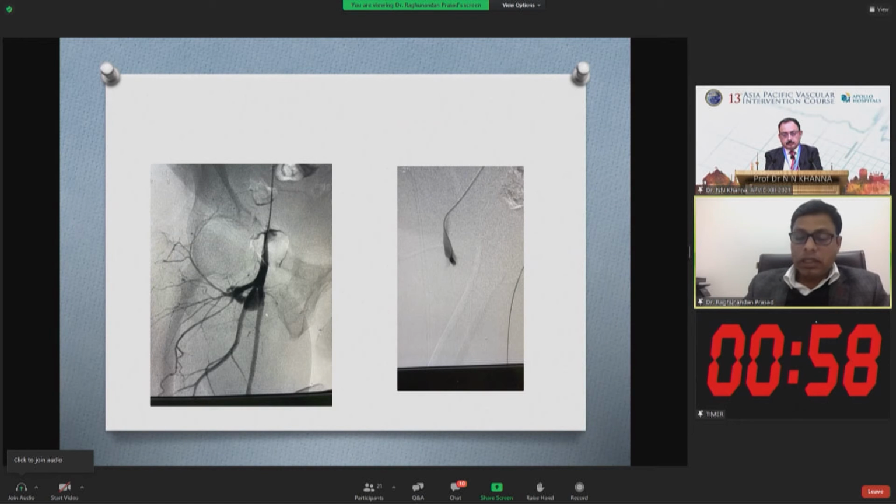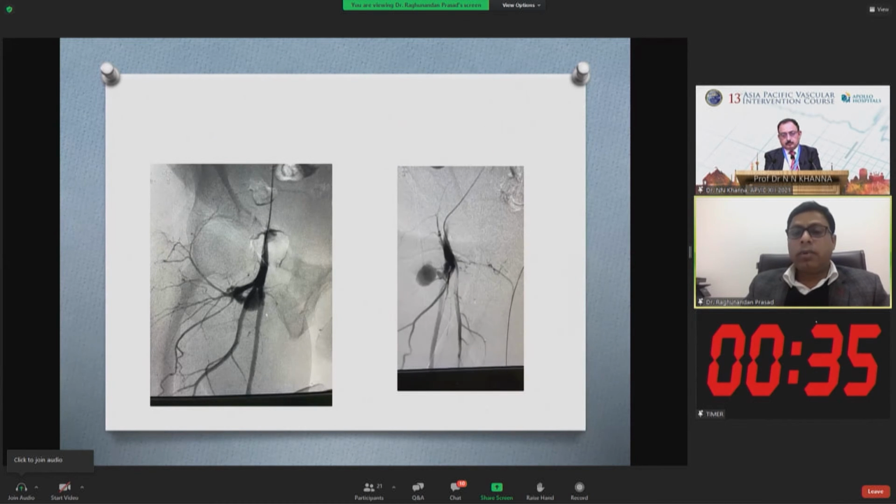So in our hospital, access was secured into the common femoral artery by the palpation method, and post procedure the patient landed up with a huge hematoma in the thigh with a pseudoaneurysm. With this angiogram, we can see the puncture was done into the lateral circumflex femoral artery, not into the common femoral artery. So this patient was referred to us.